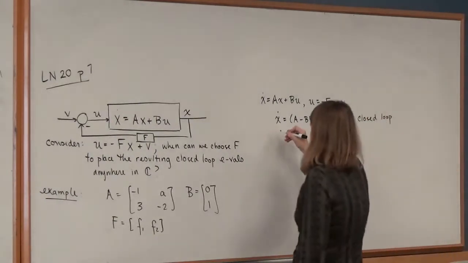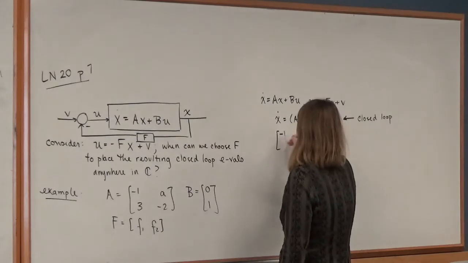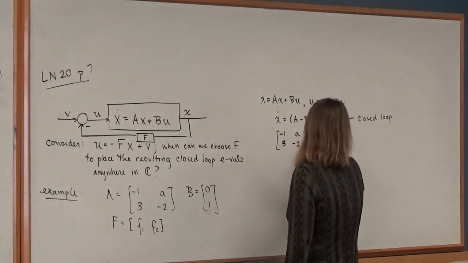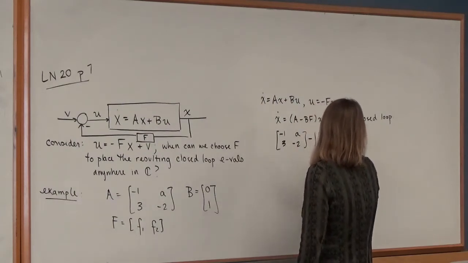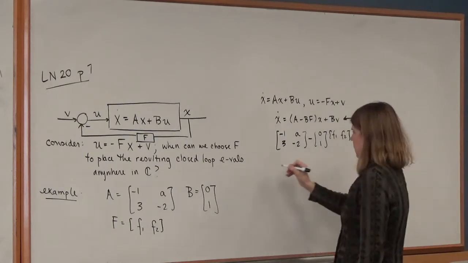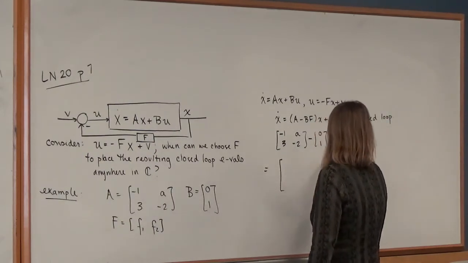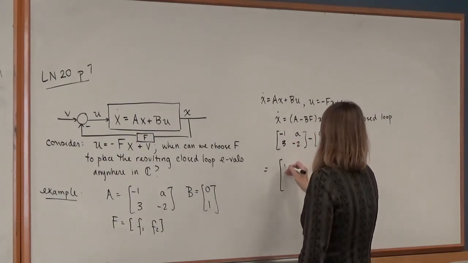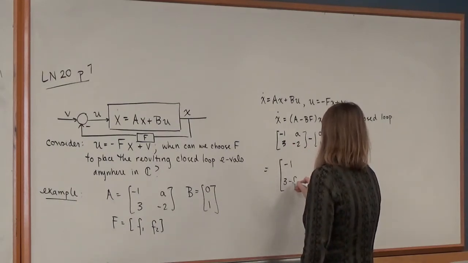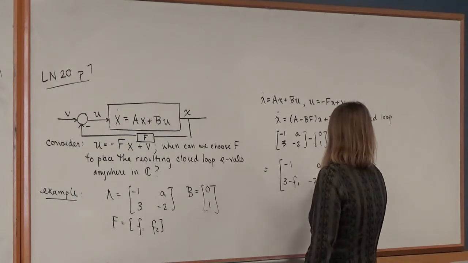So for this example, let's just work that out. So what is A minus BF? [-1, a; 3, -2] minus [0; 1] times [F1, F2]. And we see that A minus BF is going to be [-1, a; 3 minus F1, -2 minus F2].